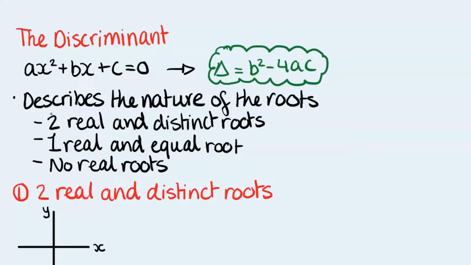The scenario is you'll be given a quadratic equation, you'll be asked to describe the nature of the roots. In that case, you use the discriminant. There are different scenarios that you can get. You can get two real and distinct roots, one real and equal root, and no real roots. So that's describing the nature of the roots.